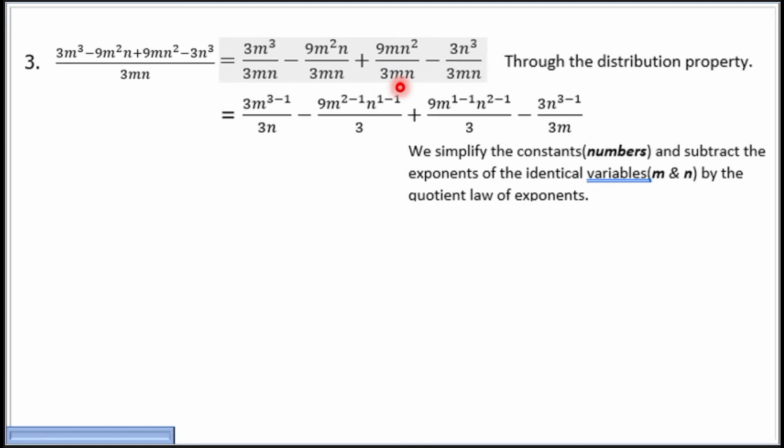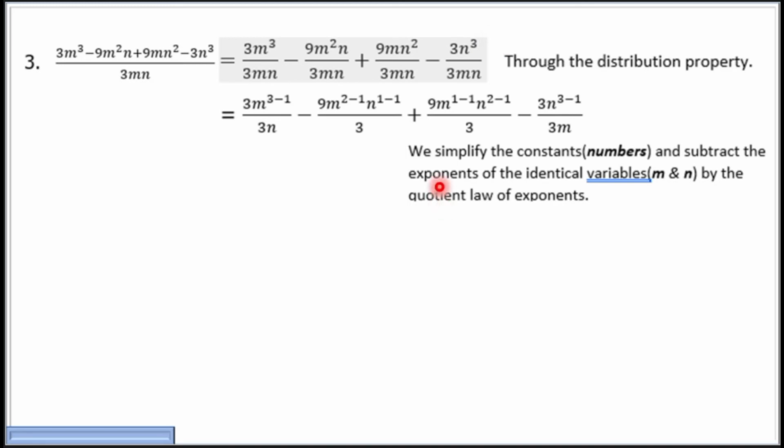Parehas man si m, atupod sa babaw. And mas greater man ang exponent ni numerator diri sa n, so balihin pud siya diri sa babaw. So gibijaan gyapon nila si 3. Minus 3n, wala may m diri, so pabilin ra ang m diha sa ubos sa denominator. Then balihin ang 1 diha manang minus 1.